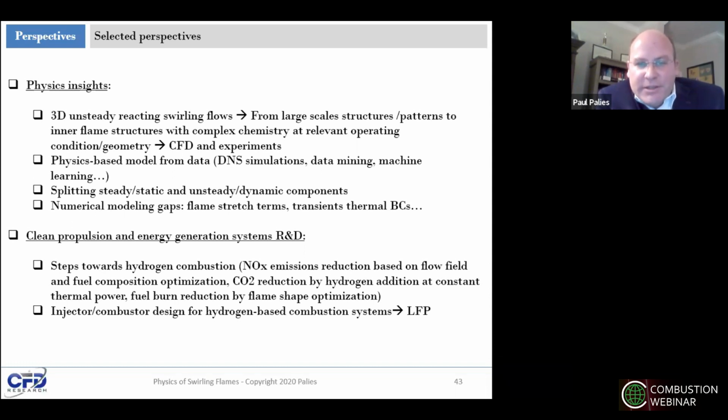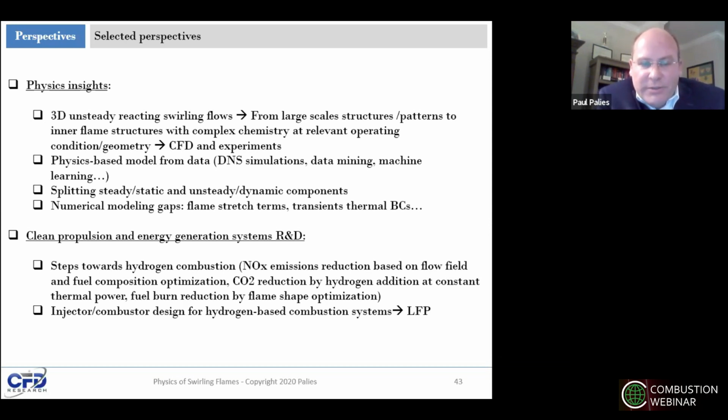Well, there is a computational tool needed to actually compute the steady base flow accurately and compute the static flow particularly. There are numerical modeling gaps in terms of understanding each of the flame stretch terms on the flame macrostructure.